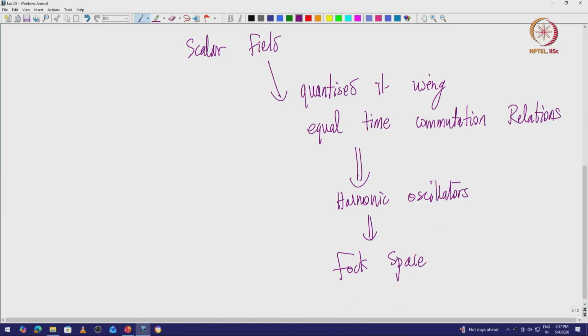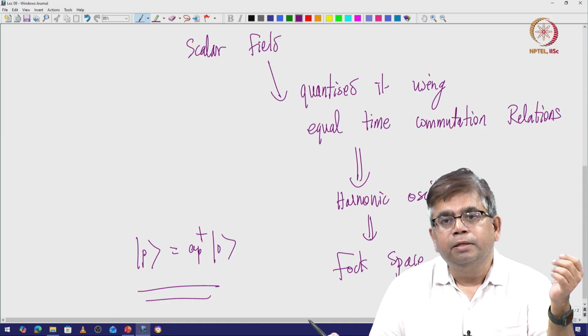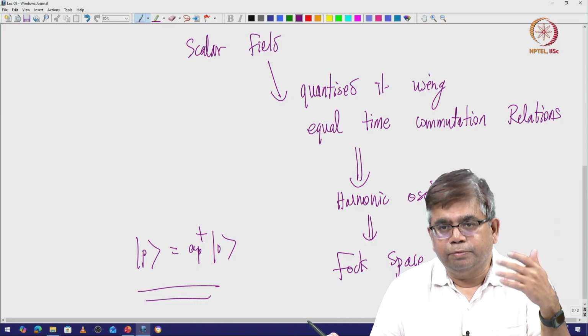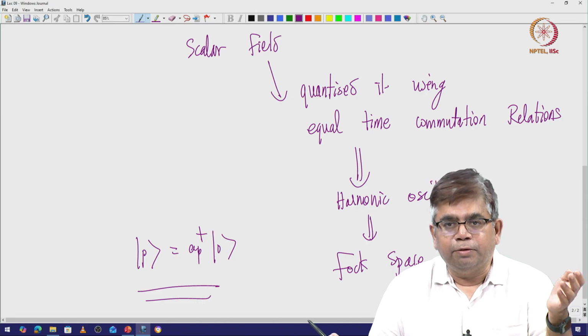So you have the fields essentially building up the Fock space. You have one particle state in this particular fashion, giving you momentum p states and everything. Then we also looked at the subtleties involved. The field is not really a function, it is actually an operator-valued distribution essentially.